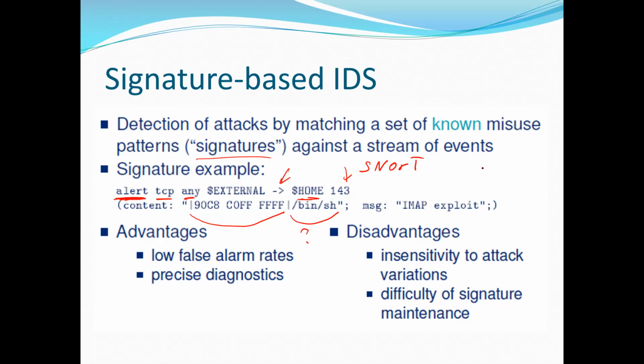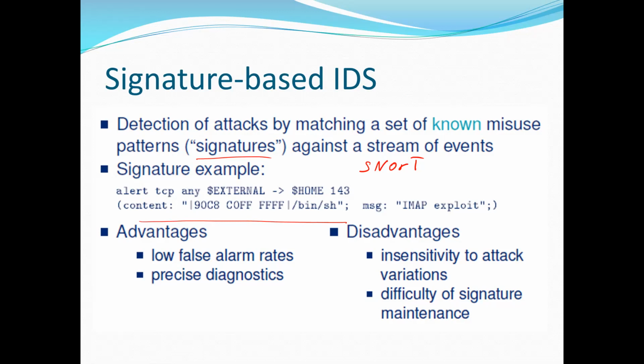This is actually known as the IMAP exploit, so it seems like some type of buffer overflow attack. Okay, this is what a signature looks like in Snort. It translates exactly as: grab the packet and look at the payload of it, plus the TCP header, in this case the IP header, and what have you.